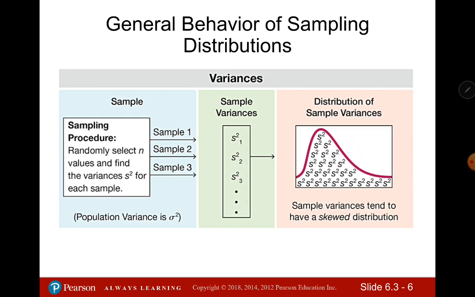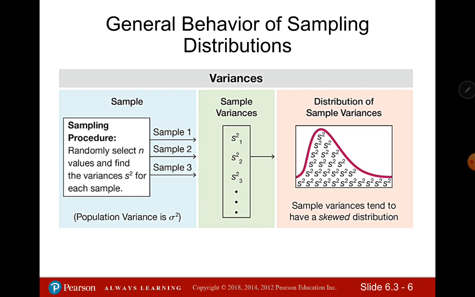But let's see this one. The same thing, we have lots of samples. Each sample we can get a variance, right? So s squared 1 for sample 1, s squared 3 for sample 3.